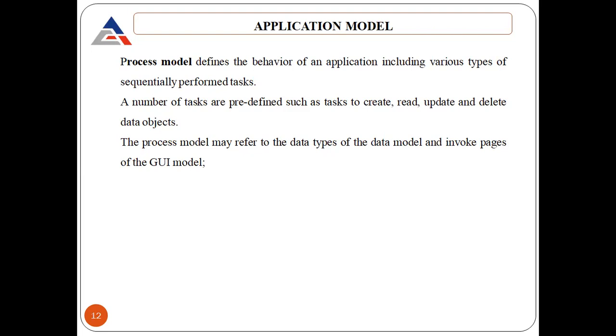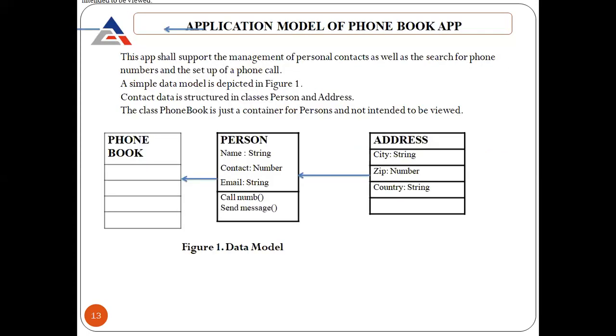The number of tasks is predefined, such as create, read, update, delete, and the process model may refer to a data type of the data model that invokes the page whenever the user interacts with the graphical user interface. So this is one example: an application for a phone book, in which the application shall support the management of person contacts as well as search for a phone number and set up the phone call.